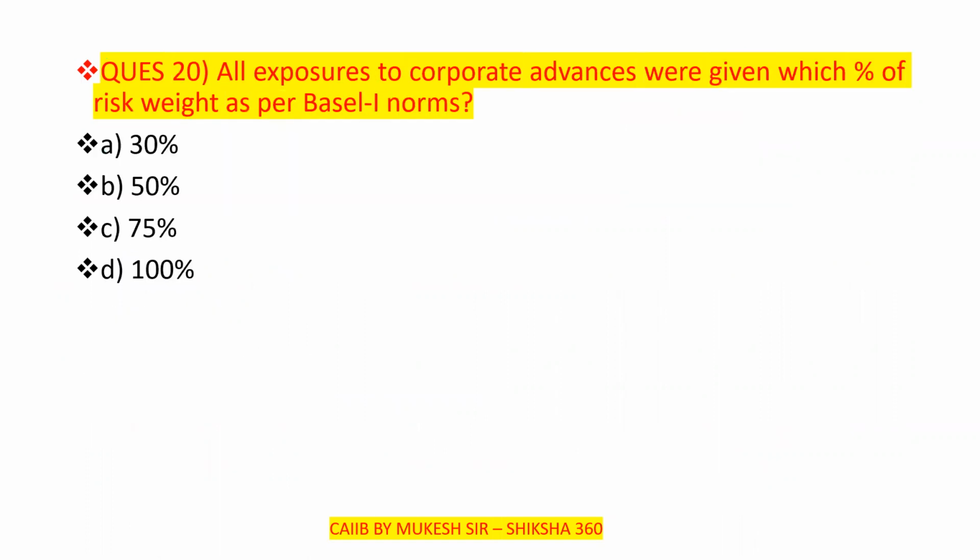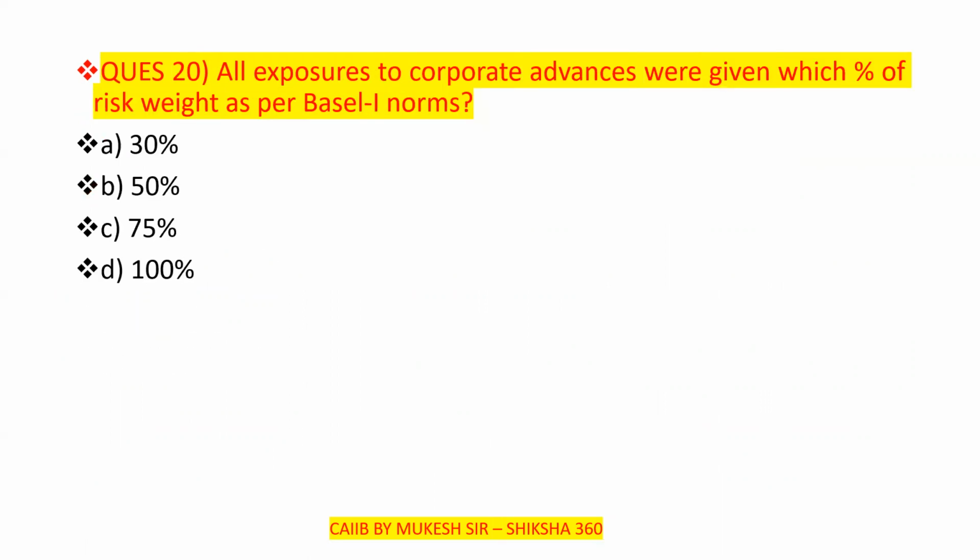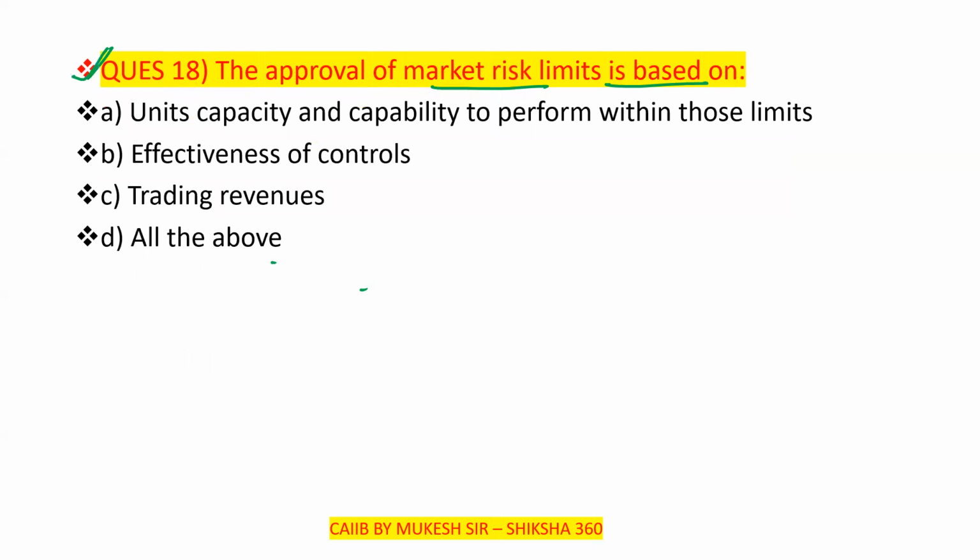Wait a minute, there is an issue going on. Listen fast. What is the correct answer? That is basically market risk. So this is a different chapter, chapter number 11.